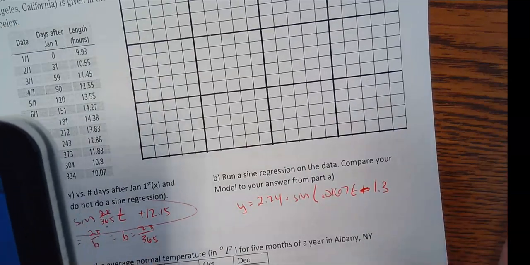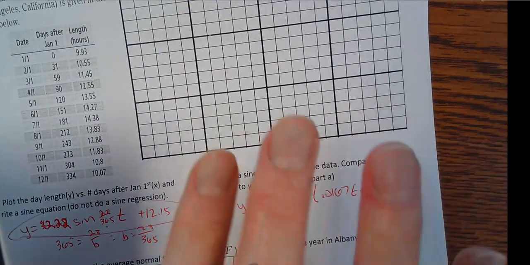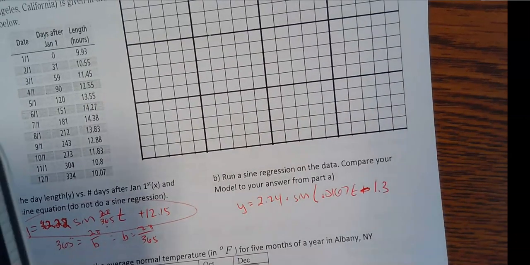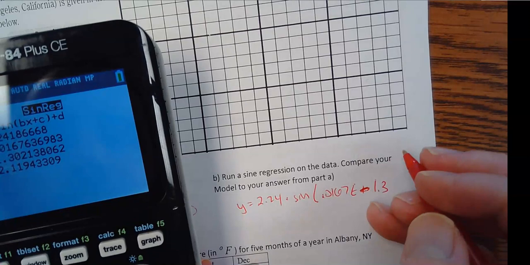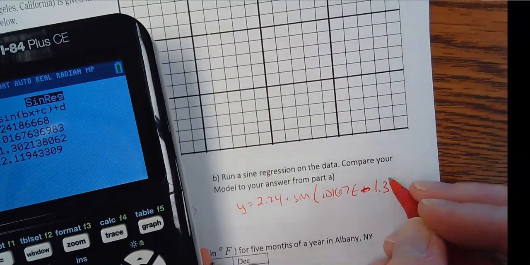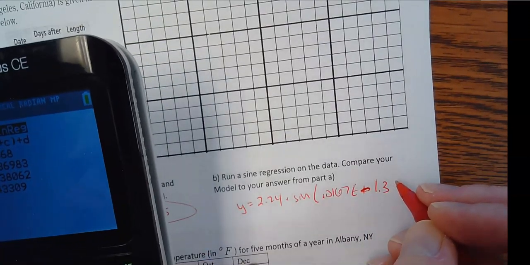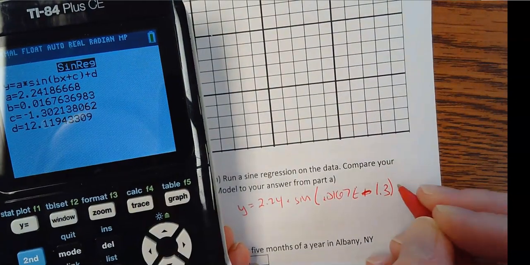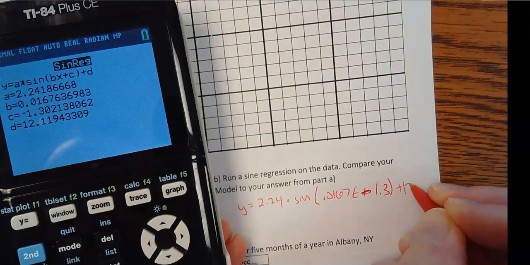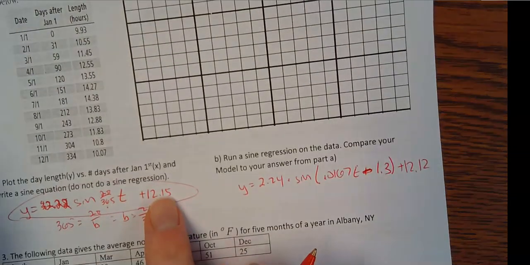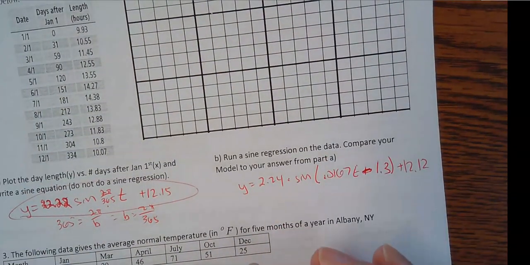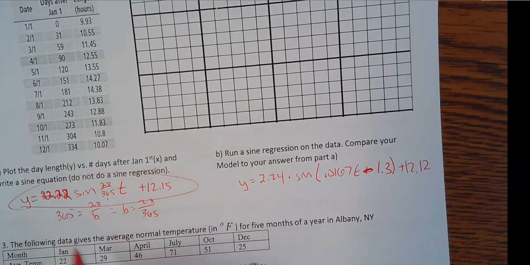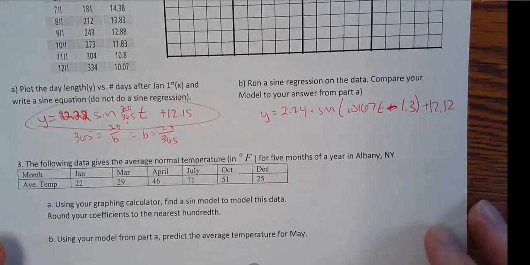So it says to move it about 1.3 days over, because that's the unit I have on there. And then plus 12.12, where I had 12.15 as my estimated midline. So my midline was a little bit off, but you may have different numbers, this is just a rough estimate.